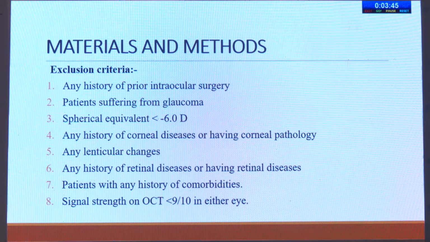The exclusion criteria include any history of prior intraocular surgery, patients suffering from glaucoma, spherical equivalent less than -6 diopter, any history of corneal disease or corneal pathology, any lenticular changes, any history of retinal diseases or having retinal diseases, patients with a history of comorbidities, and signal strength of OCT less than 9/10 in either eye.